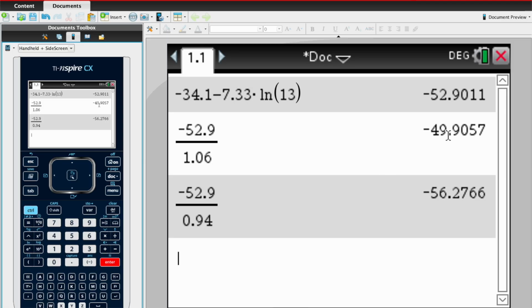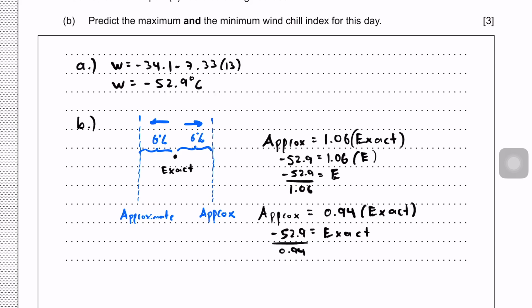All right, so our value was negative 52.9 right at the beginning, but there could be some measurement error. We could have some deviation. So it could be as warm as negative 49.9, or it could be as cold as negative 56.3, I suppose. So let's go back to the document and write this out.